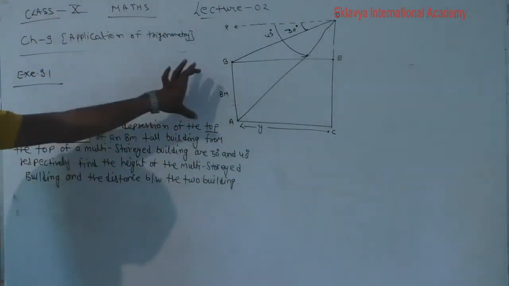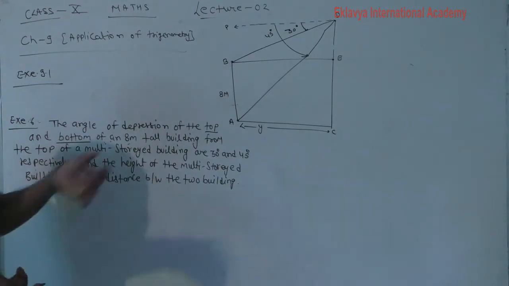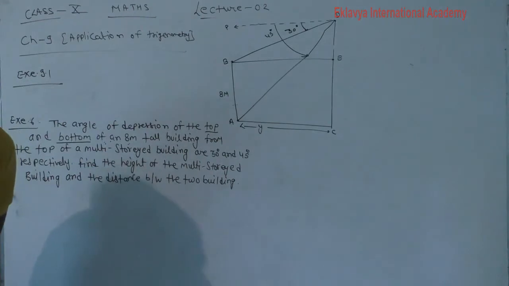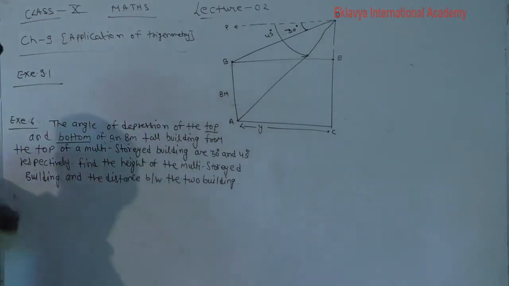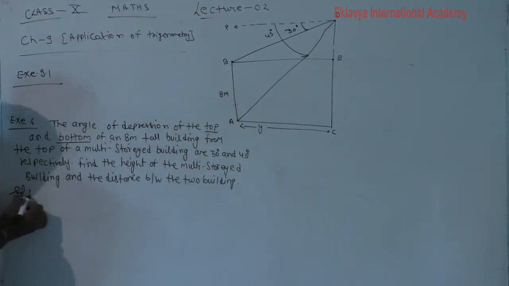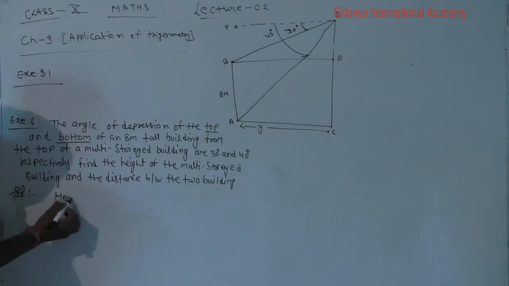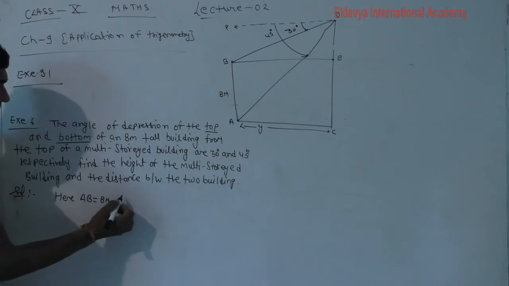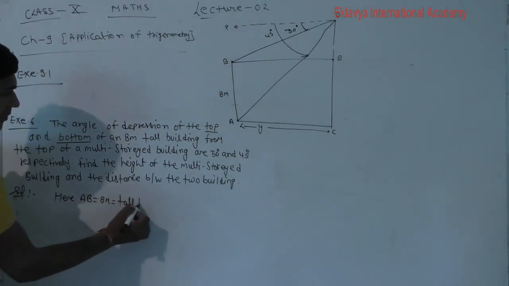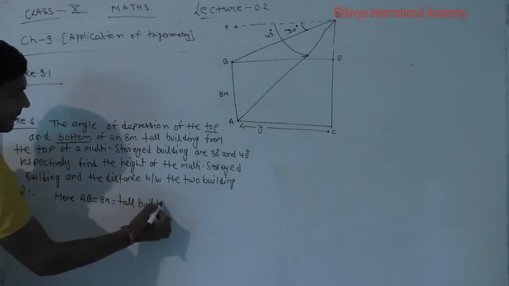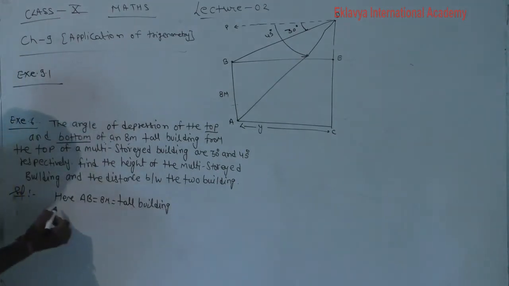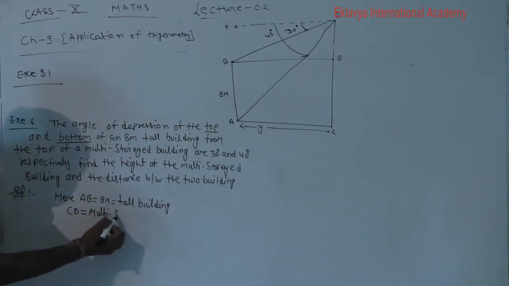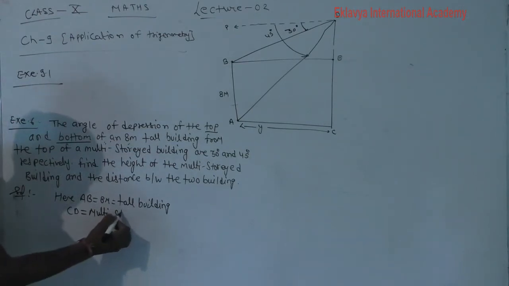Okay, AB represents the 8 meter tall building and CD represents the multi-storied building. So write down here in the solution, AB is 8 meter which is the tall building, and CD is the multi-storied building.